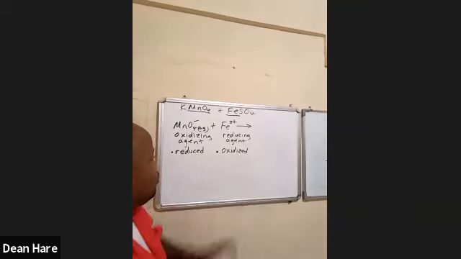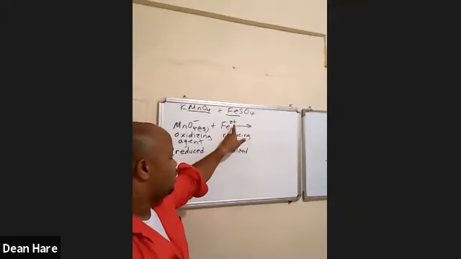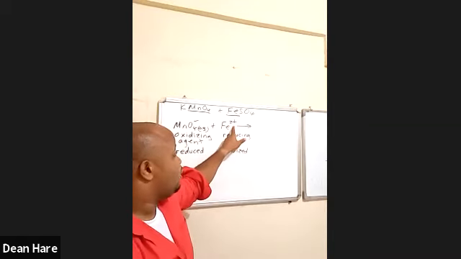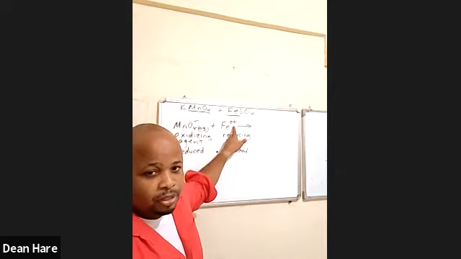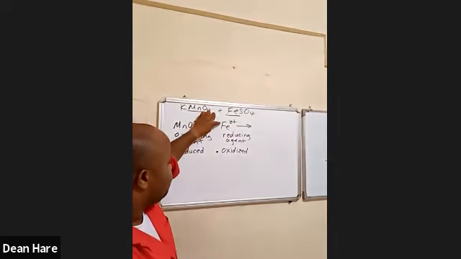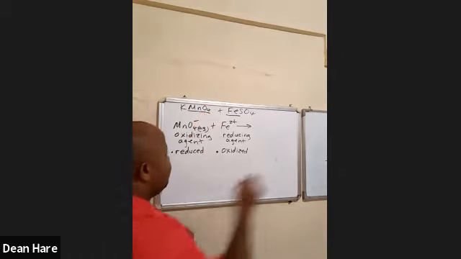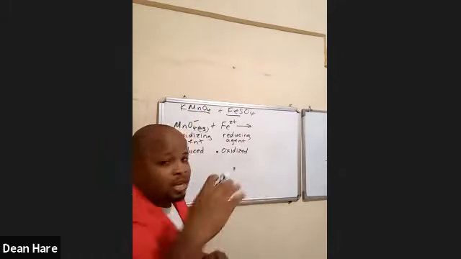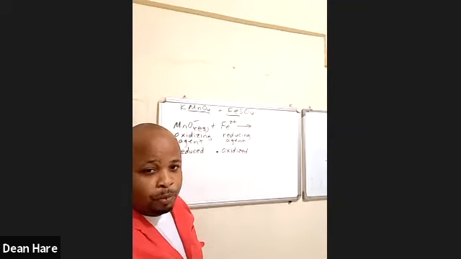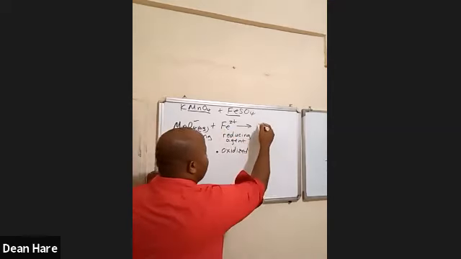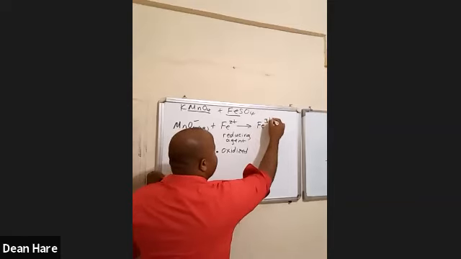Yes, Fe2+ is going to be oxidized, and the only other oxidation state higher up for Fe2+ is Fe3+. So at the end of the reaction, Fe2+ will be oxidized to Fe3+.